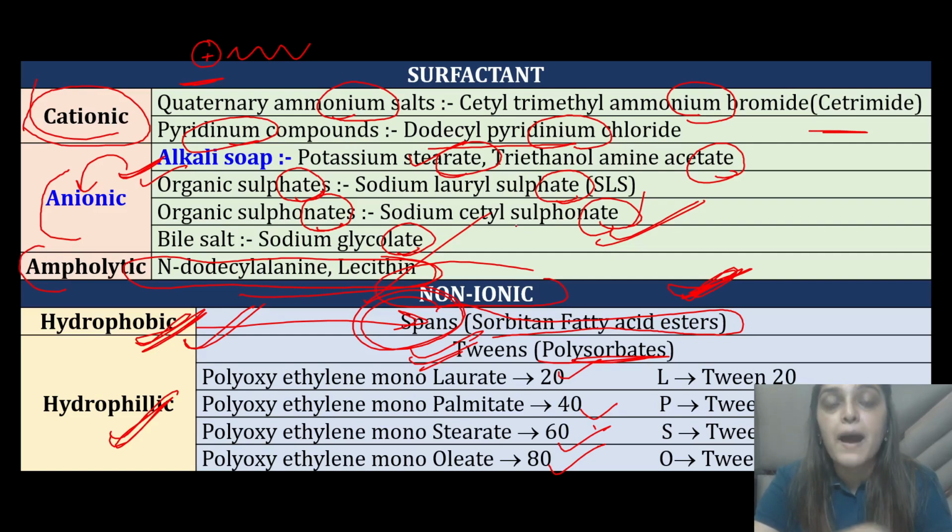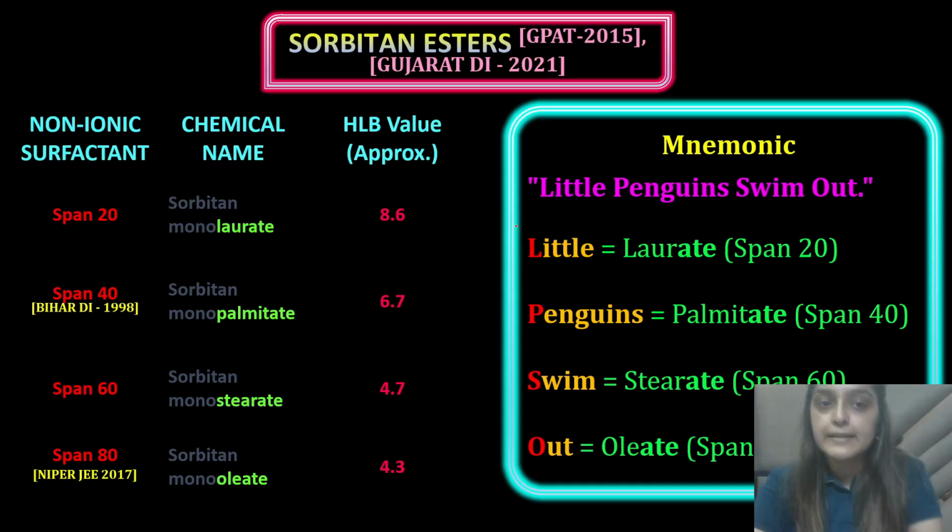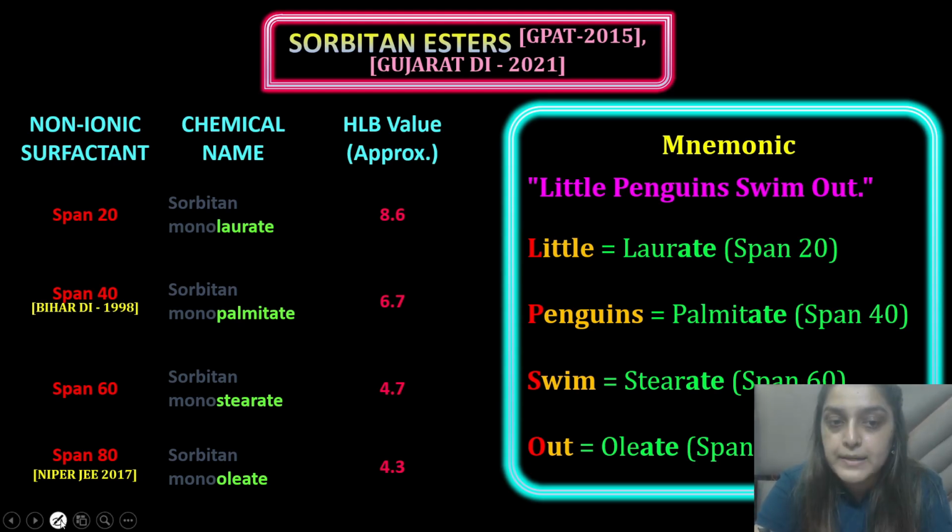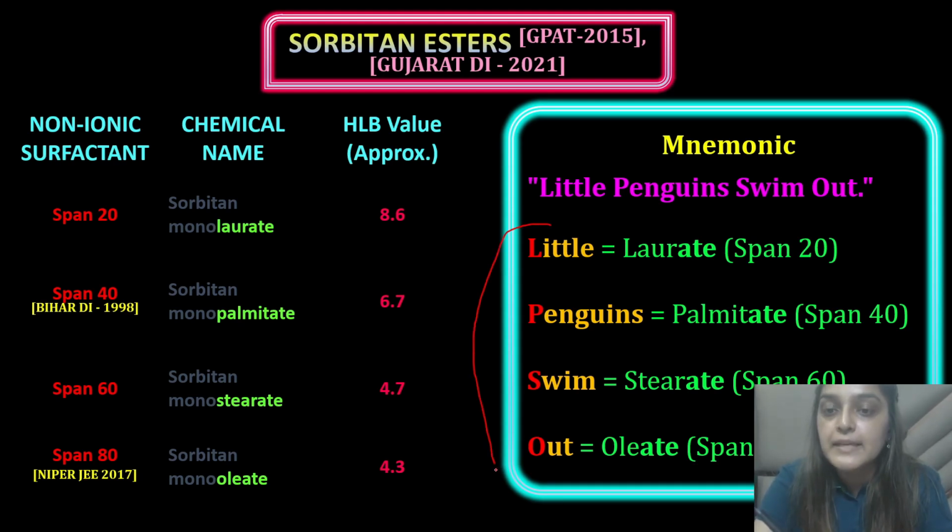Now, apart from these important classes of surfactants, cationic, anionic, ampholytic as well as the non-ionic surfactants, we have a few other examples also. But before that, here is one more simple trick. We have seen LPSO. You can also remember it as little penguins swim out.